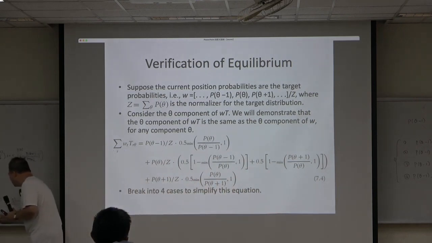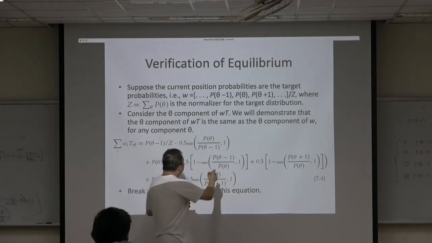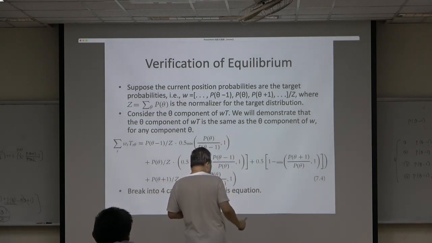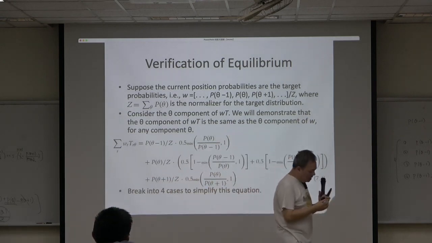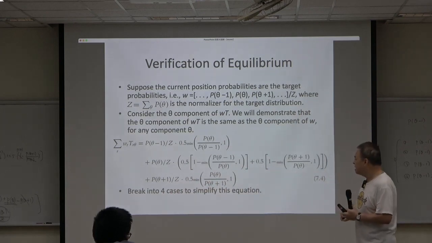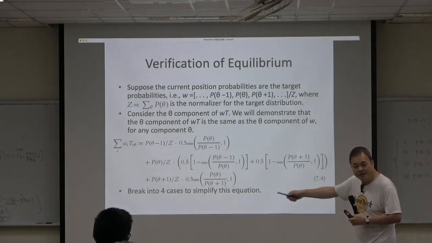So originally, you put p of theta divided by z as the probability of ending up at the island theta. And at the end, it tells you that the probability after one iteration will stay the same, right?